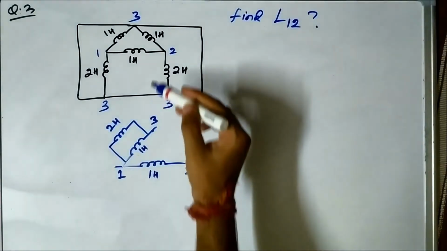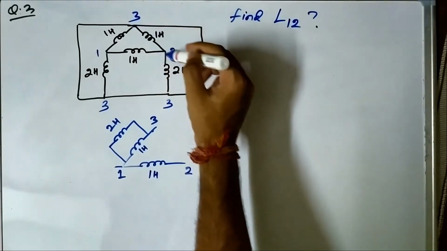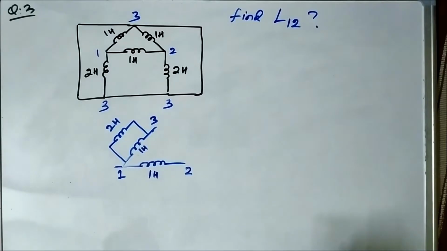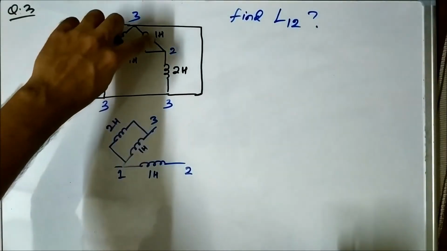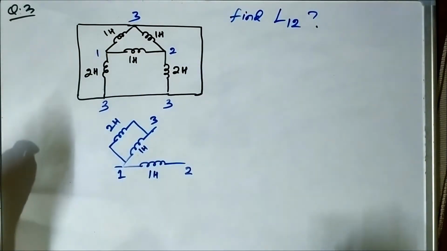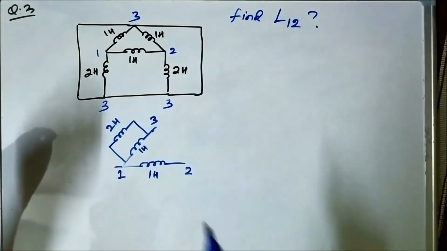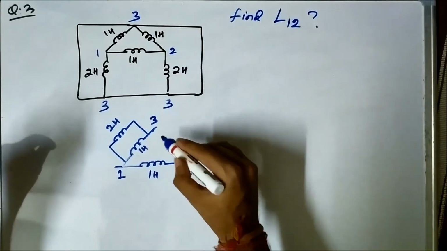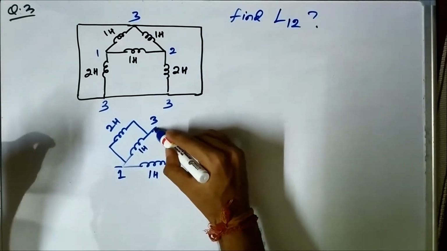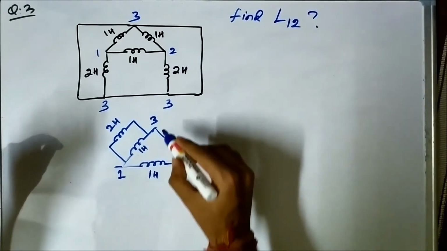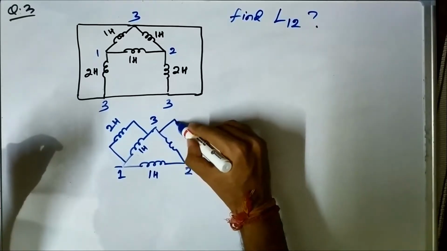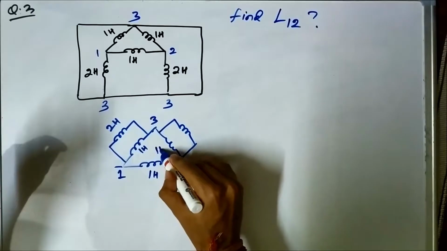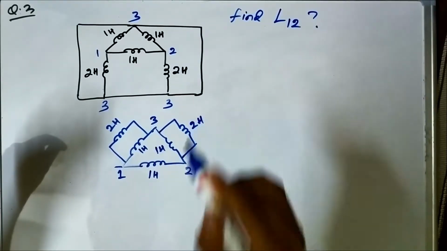Now in between points 2 and 3, we also have 1 Henry and 2 Henry. So there are two inductors connected, which means the 2 Henry and 1 Henry are connected in parallel across 2 and 3.